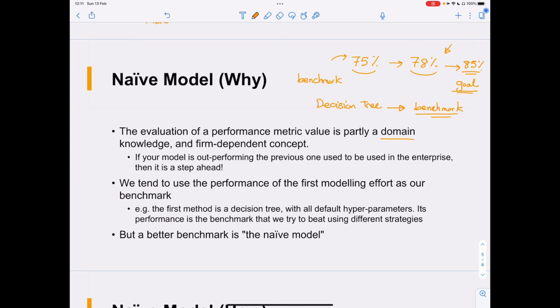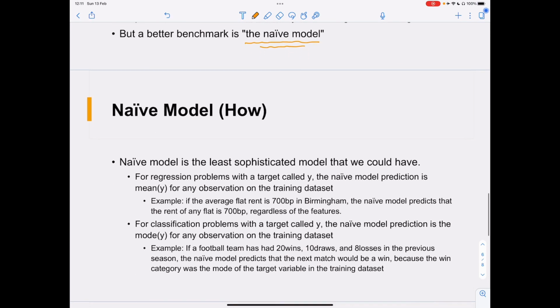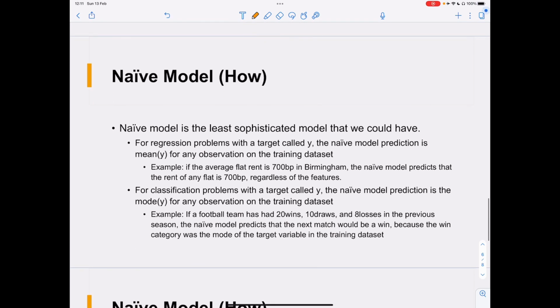However, we want to introduce you to the naive model as the starting point. And why do we want to use the naive model? Because it's less arbitrary. Everyone can start from an identical point if we know the naive model.